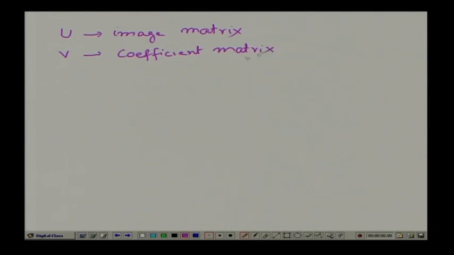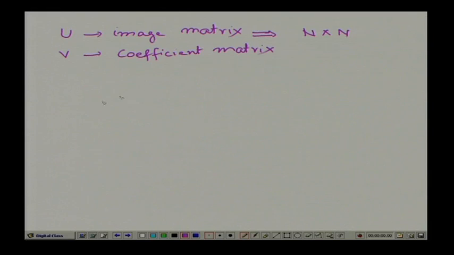And you remember that both these matrices are of dimension capital N by capital N. Now, for both these matrices U and V, we represent them in the form of vectors by row ordering.